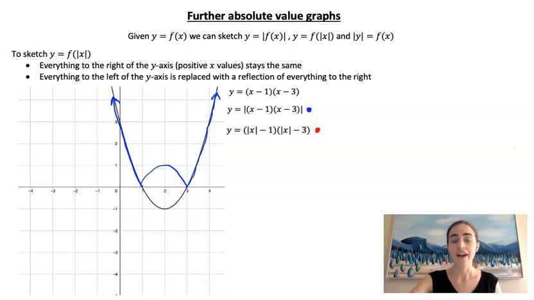All right, our second example, we're going to have a look at sketching y equals f of the absolute value of x. So that means that everything to the right of the y-axis, so all our positive x values, that's going to stay exactly the same. But everything to the left of the y-axis is going to be deleted and it's going to be replaced with a reflection of everything to the right.